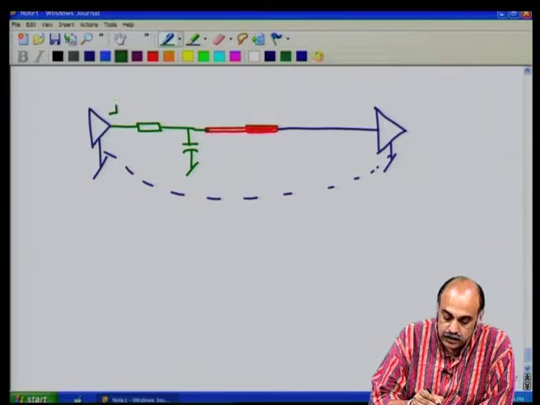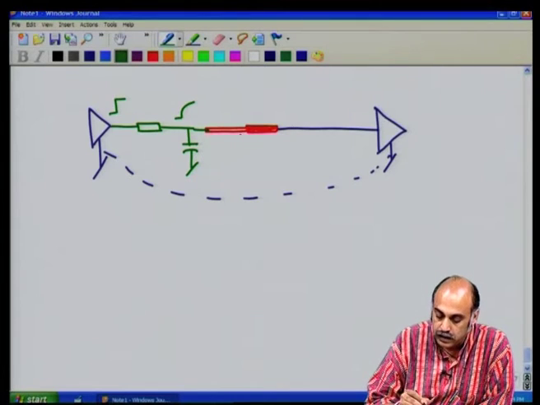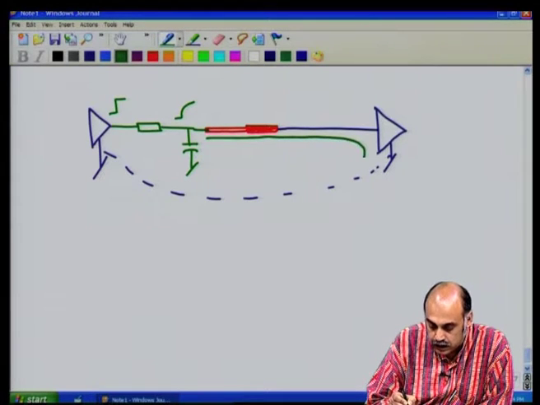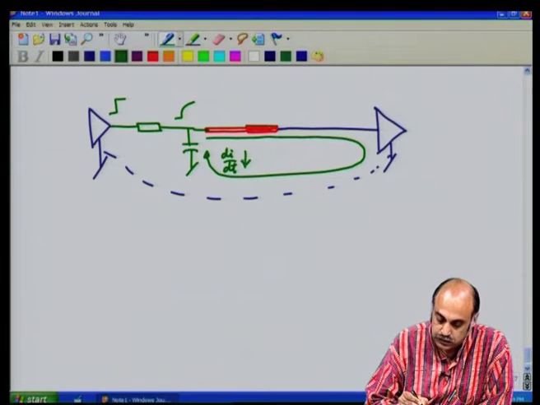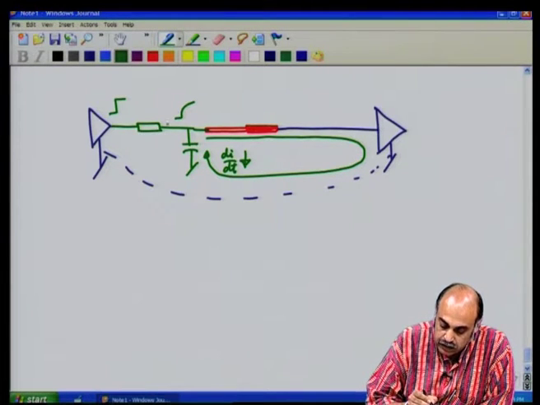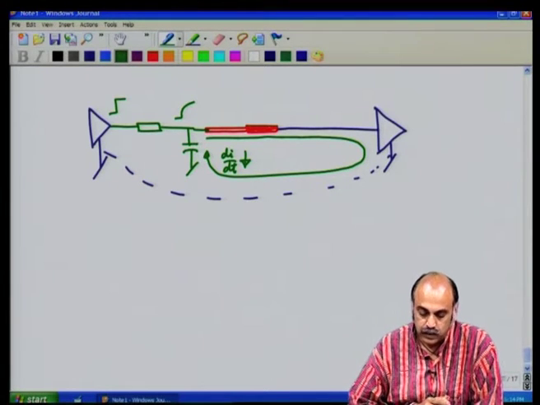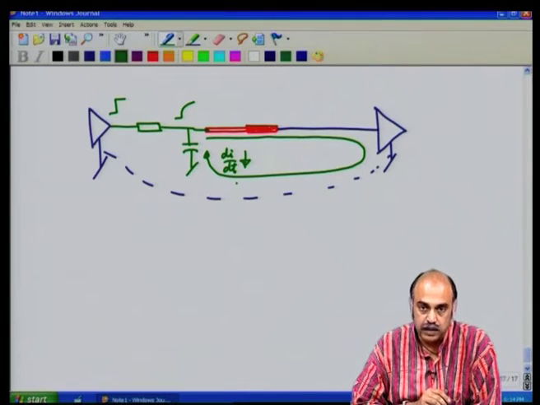Then any rise time here is smoothened out at this point, and from this point onwards you see that the current in this portion of the loop, the di by dt, is very much reduced compared to what would have been if you had not put this. This is a brute force method, but this is going to reduce the bandwidth of your high speed circuit.